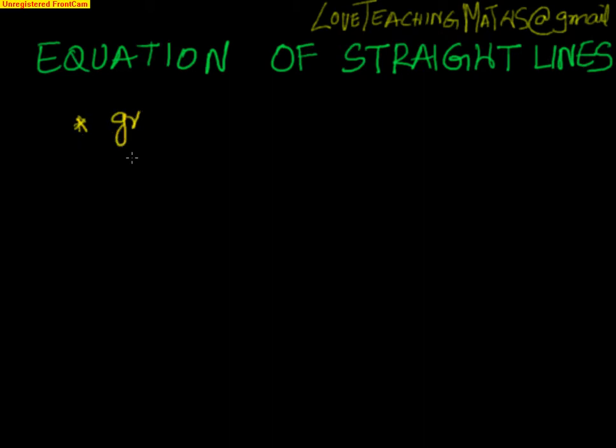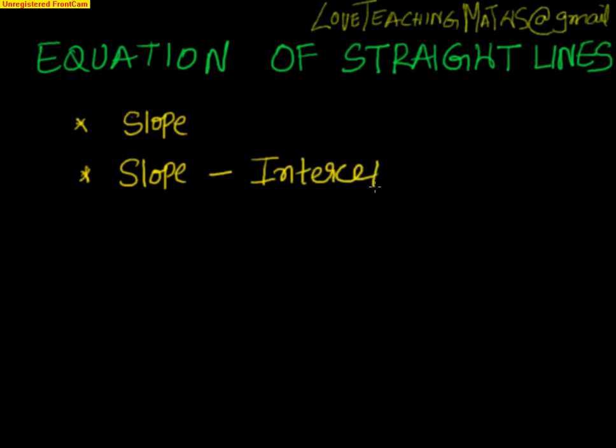gradient form, or you can say it as slope form, slope and intercept, we'll also see two intercept form.